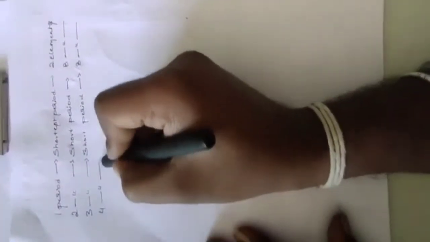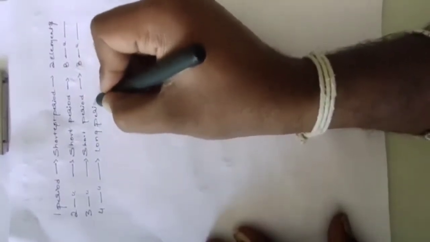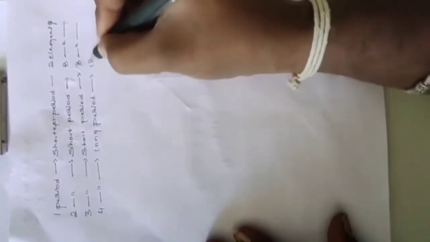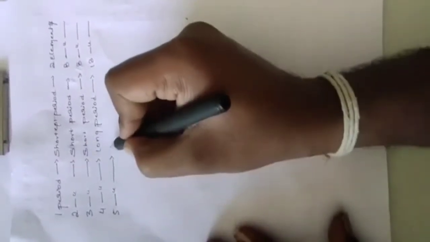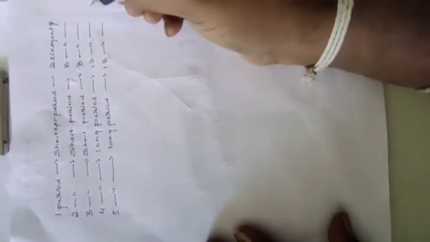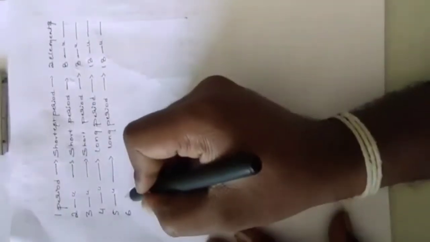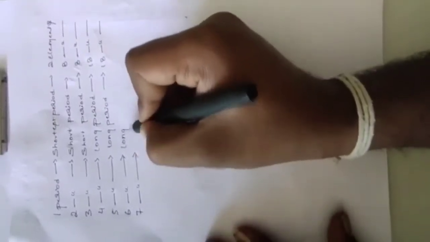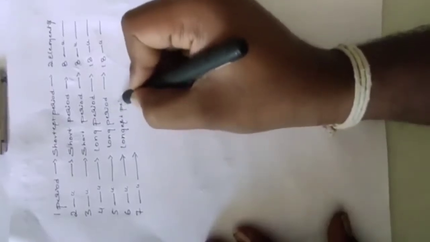The fourth period is a long period, having 18 elements. The fifth period is also a long period, having 18 elements. The sixth and seventh are the longest periods.